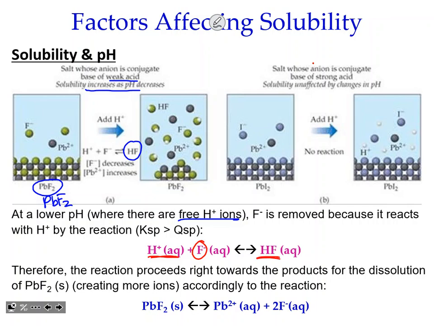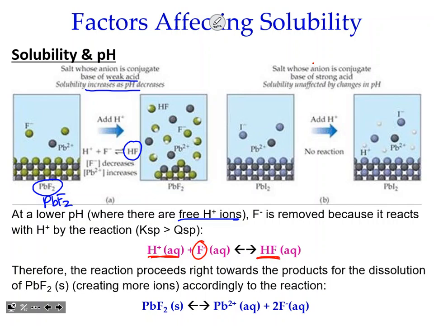Remember, weak acids are defined as weak because they only partially dissociate, at a very minimal amount. Most of it stays as HF. So if you have free fluoride floating around and some hydrogen in there, the hydrogens are going to form a bond, therefore removing the fluoride from the solution.